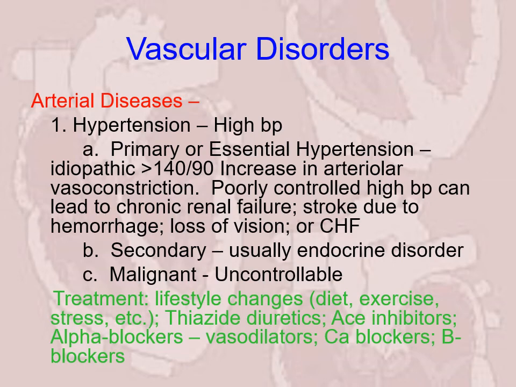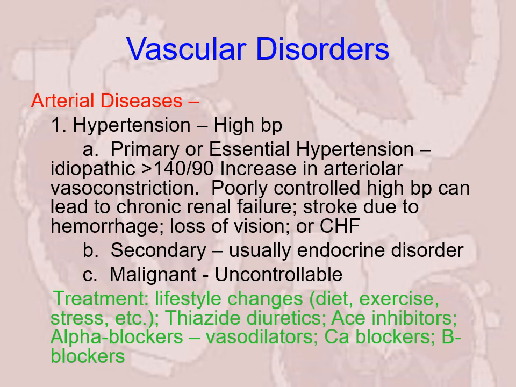Now we go to arterial diseases, vascular disorders. And we'll start with hypertension. Hypertension, there's actually 3 types, and the type that's most common, and makes up about 90% of all cases, is primary hypertension. The cause is idiopathic, no real known cause, but there are underlying risk factors.